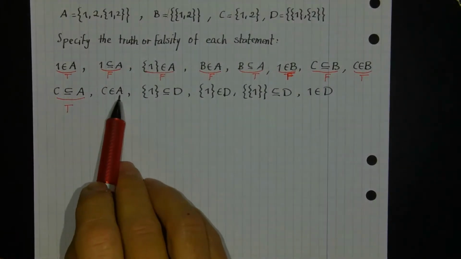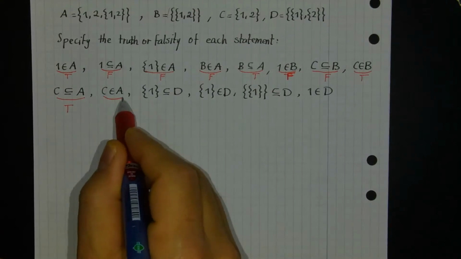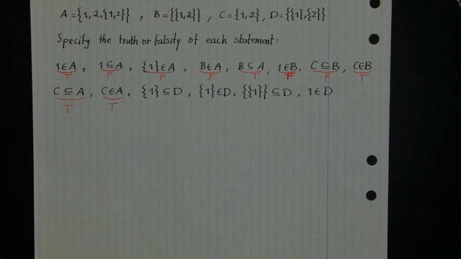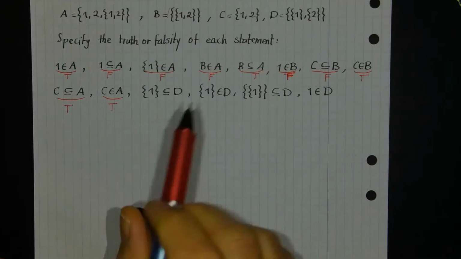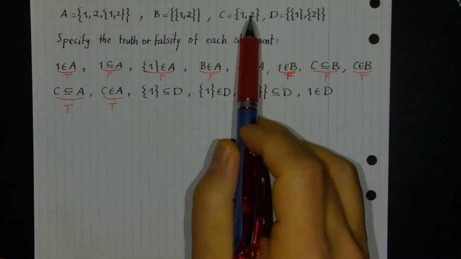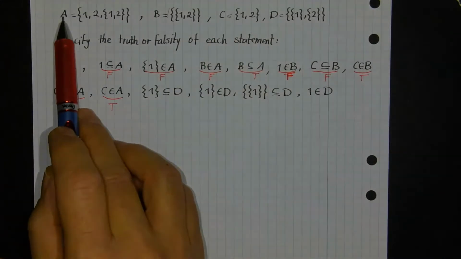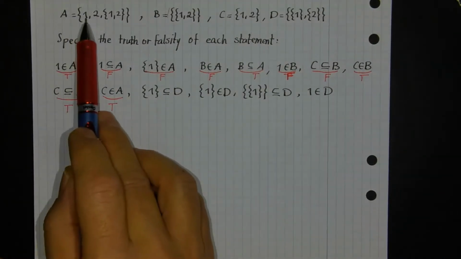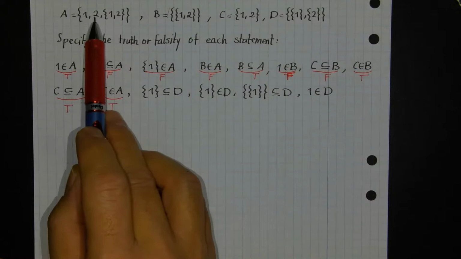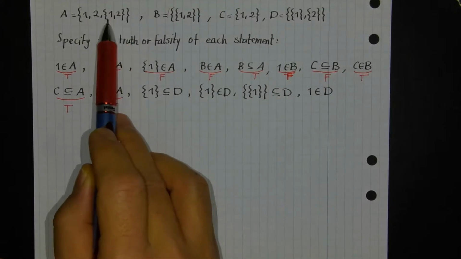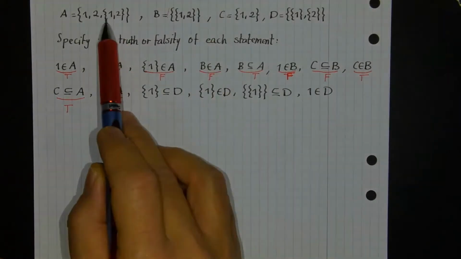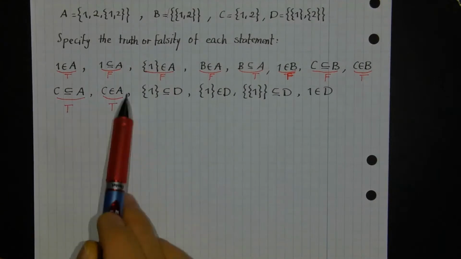C belongs to A. This is also true. It's very important to realize that C, as a package 1, 2, is also an element of A. You see, A has 3 elements: 1, 2, and this whole package. So C is this one here. This is a good example.